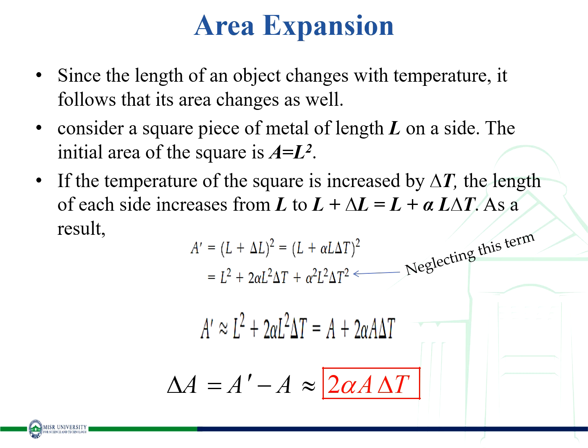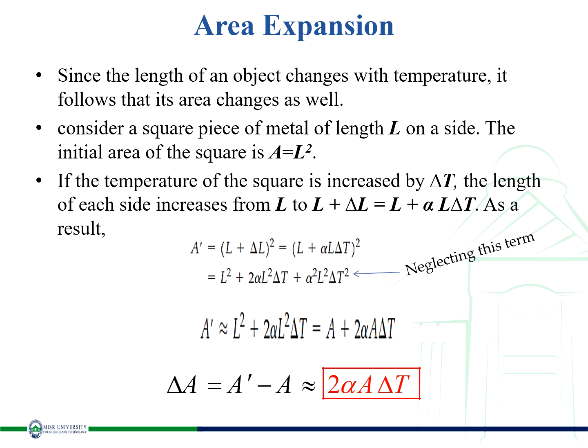Expanding this, we get L squared plus 2 alpha L squared delta T, plus alpha squared L squared delta T squared. Here's an important simplification: since alpha, the coefficient of linear expansion, is very small, alpha squared will be extremely tiny, so we can neglect that last term.